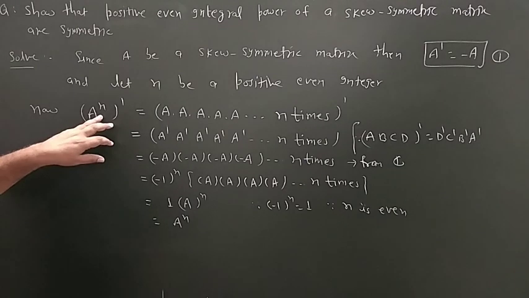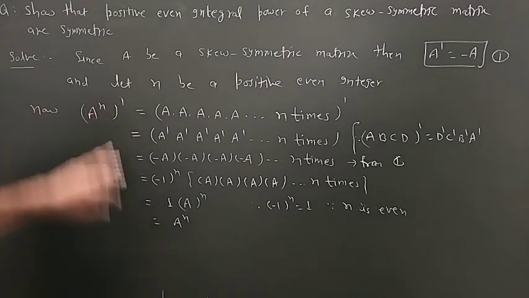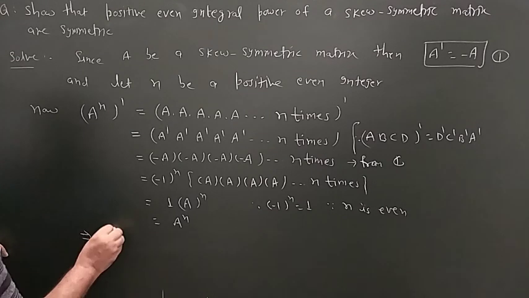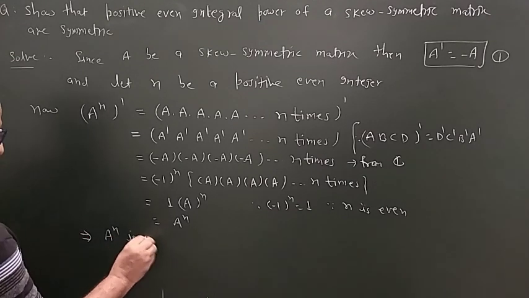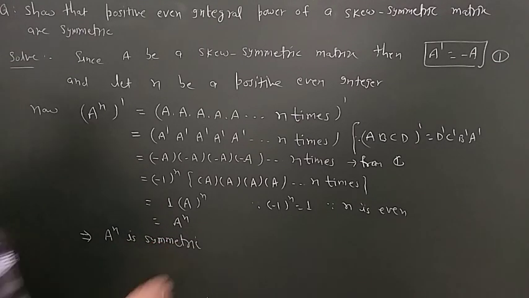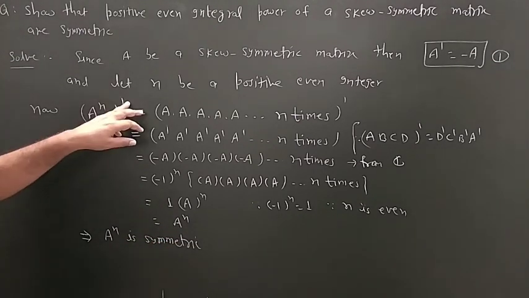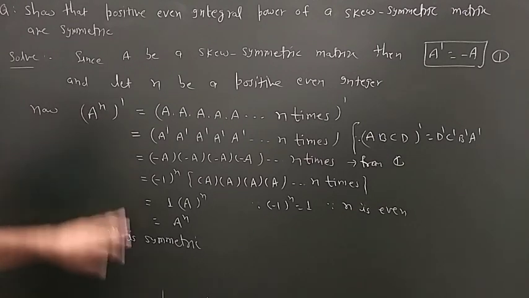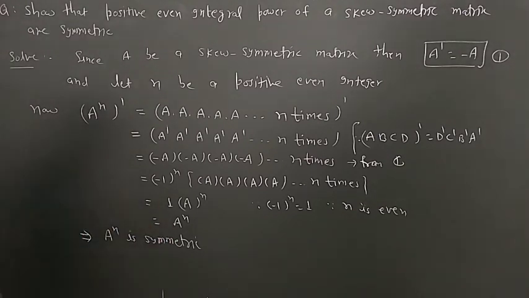So here the transpose of A to the power n is equal to A to the power n. So this shows that A to the power n is symmetric. That means even integer powers of a skew symmetric matrix are symmetric.